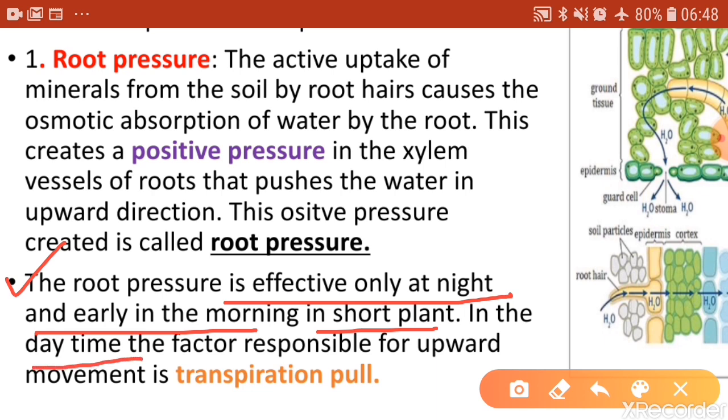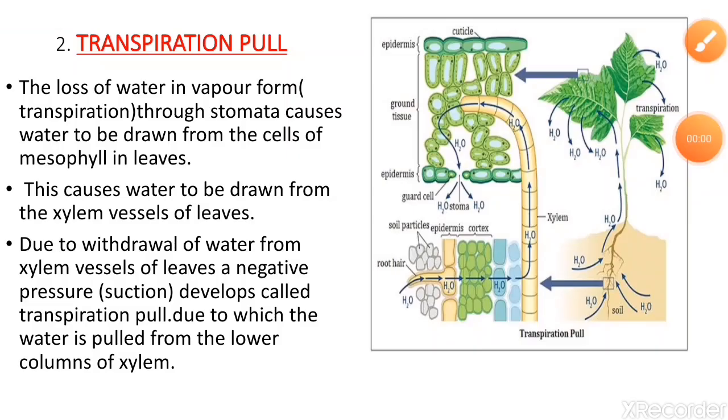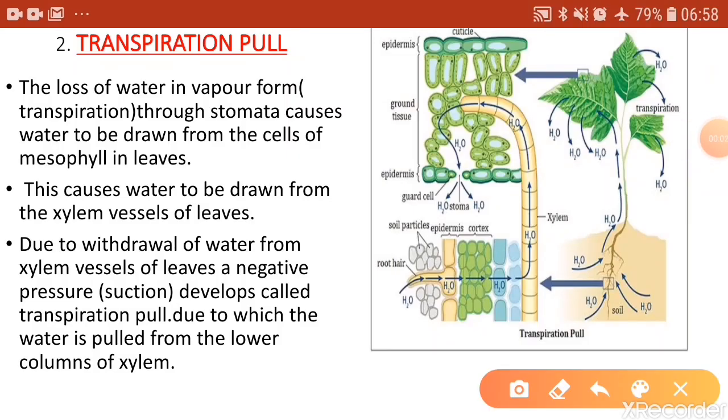But in the daytime, to take the water to longer distances in tall plants, the factor that is responsible is called transpiration pull. So now let us discuss how the transpiration pull helps in upward movement of water and minerals through the plant body.